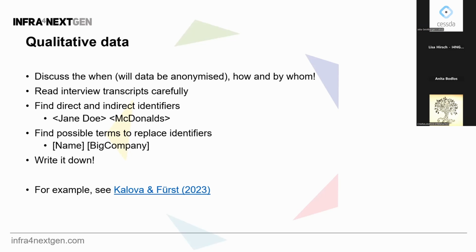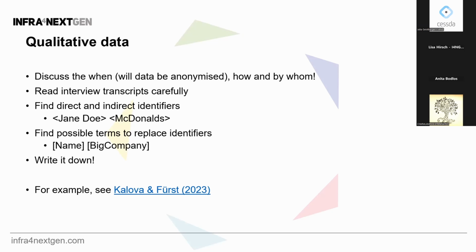First thing, if you work with text data, for instance, is to read interview transcripts carefully, get a feeling for your data, and see which information maybe needs to be anonymized. Then you have to find direct identifiers and define rules for yourself on how you anonymize this information. One approach would be to replace this information with general terms.